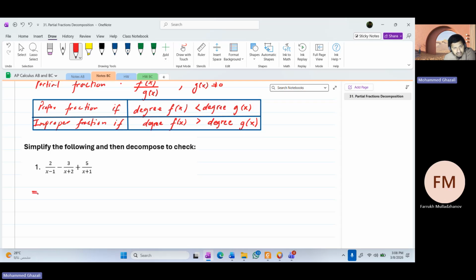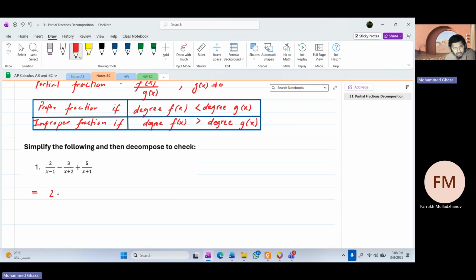To simplify this fraction, we will say the lowest common denominator from the denominators is x minus 1, x plus 2, x plus 1, right? Because we're trying to get the same denominator. So what you're doing is making all the denominators the same.